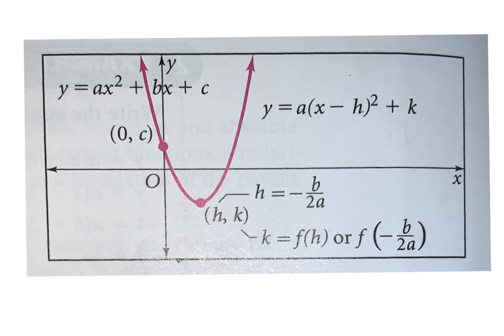All right, so with standard form, it's pretty simple. C is my y-intercept. My x value of my vertex is negative b over 2a. And my y value of my vertex is what happens when I plug in negative b over 2a. All right? For the other one, I actually have the h and the k.